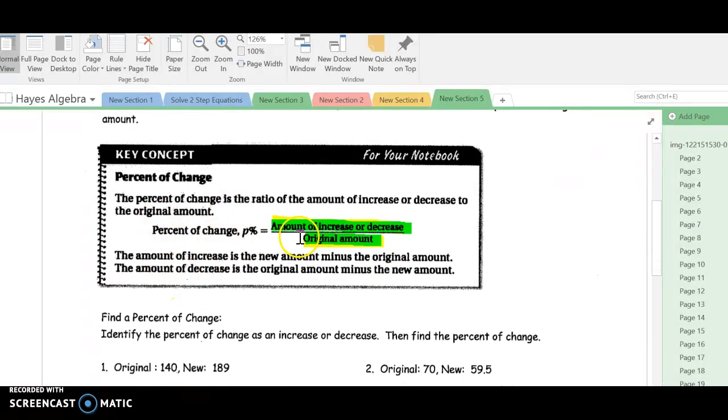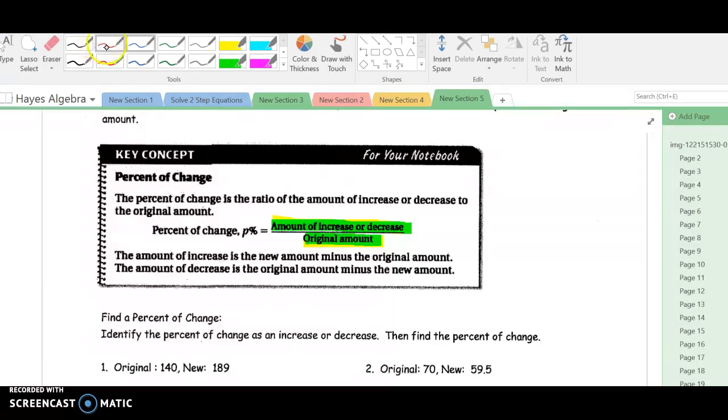Now, percent of change is a formula, and it's the amount of increase or decrease divided by the original amount. So a lot of people will say this is the new amount over the original, right?